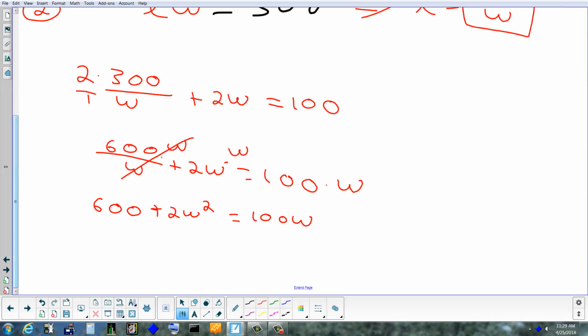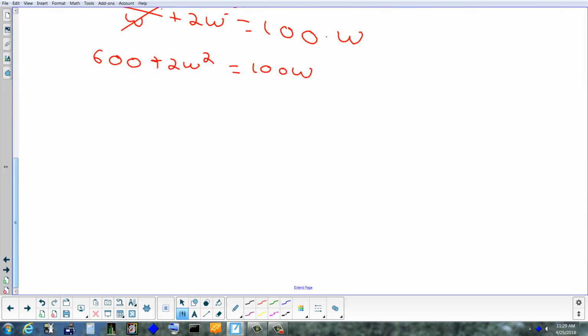Yeah. Quadratic formula. That's a quadratic equation. Okay. So quadratic equation. First step to solve it is get everything on one side. I would put everything on the left. Okay. And I'm going to put it in order. So 2W squared minus 100W plus 600 equals 0.